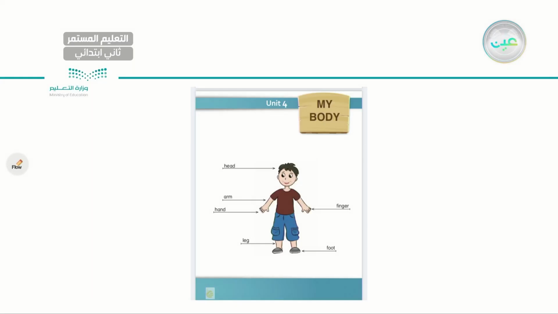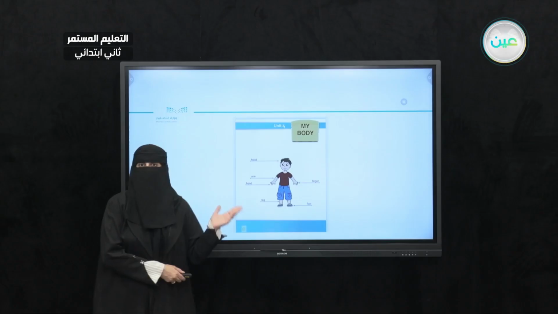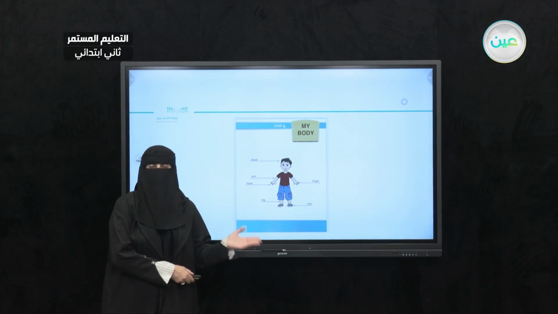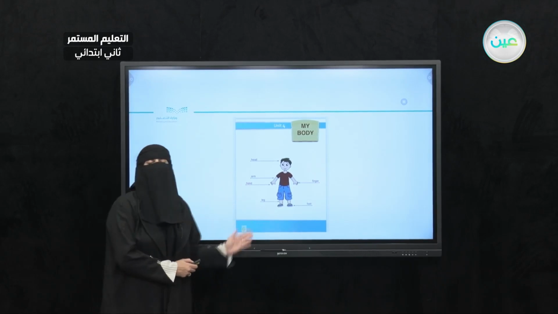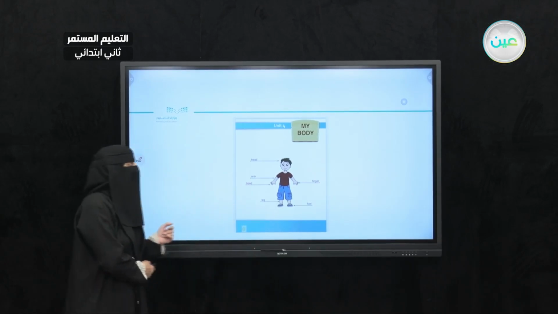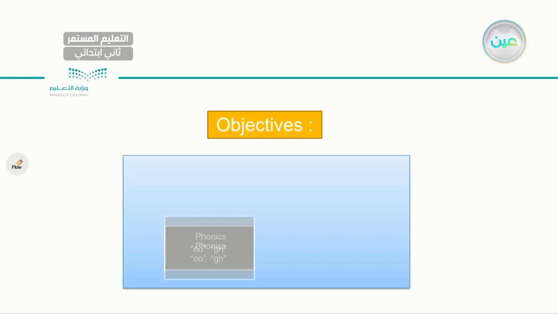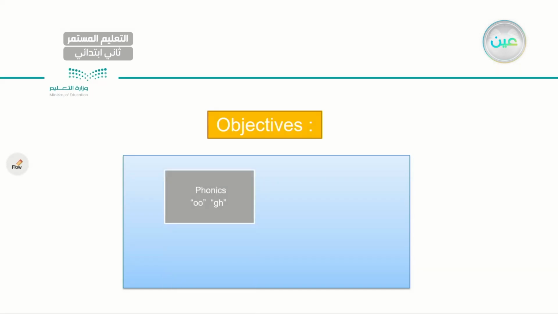Now, this is the cover of Unit 4, My Body. Here I have the names of different body parts. In order to revise that, I highly advise you to go to lesson number 1 and number 2 to revise the body parts and the facial parts. By the end of the lesson, inshallah, we will practice using phonics correctly.